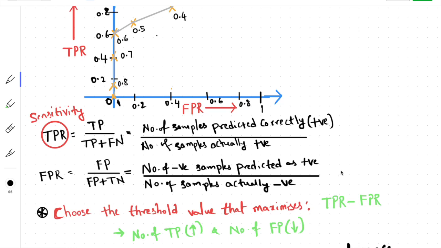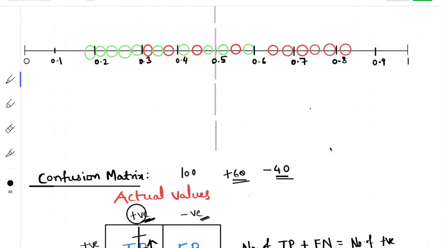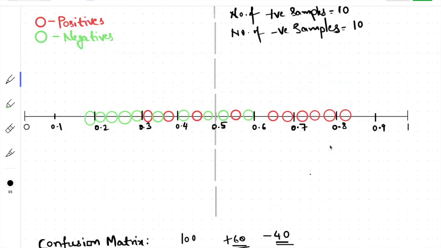And these values will change based on the threshold, right? So in this case, if I set my threshold to be somewhere here, if the probability is above this particular value, let's say 0.42, then all the values on the right side of this would be positive and all the values on the left side would be negative.